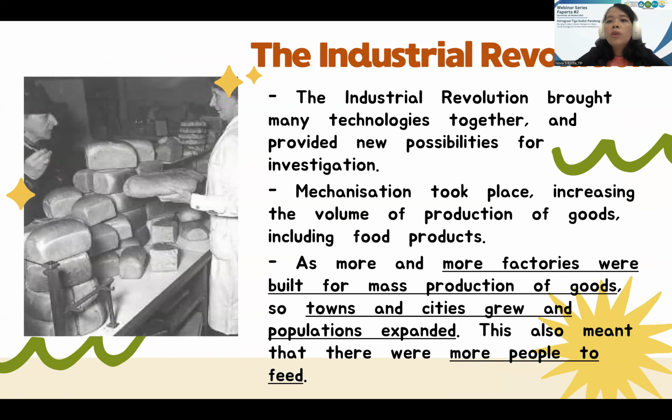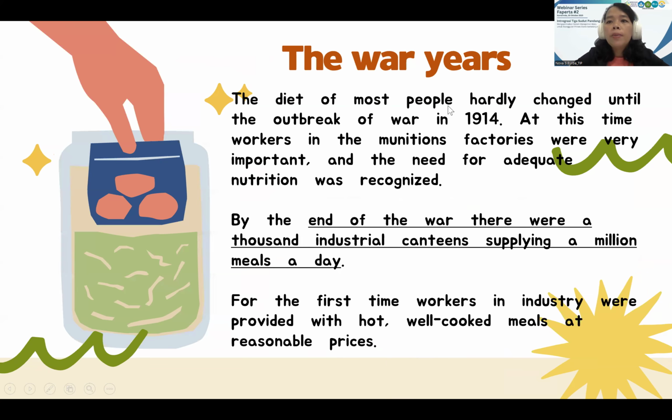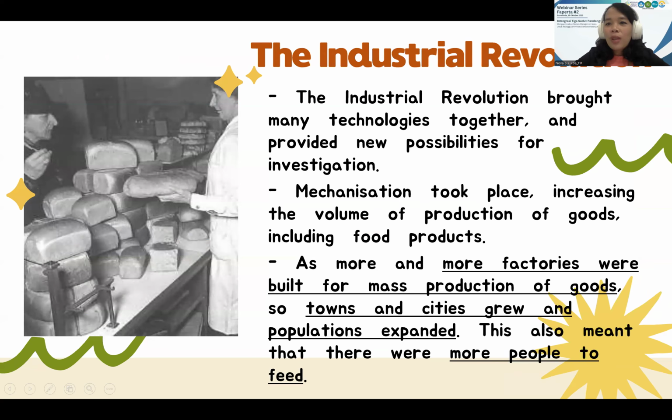And the Industrial Revolution brought many technologies together. During the Industrial Revolution, many technologies provided new possibilities for investigation. Mechanization took place and increased the volume of production of goods, including food products.